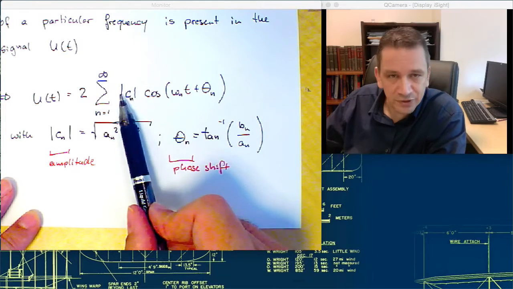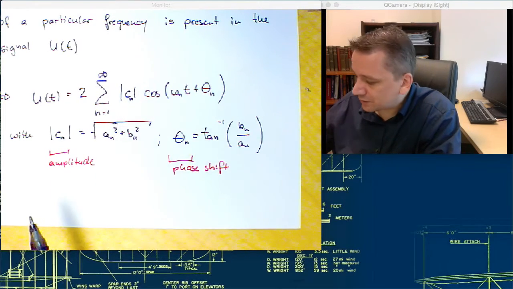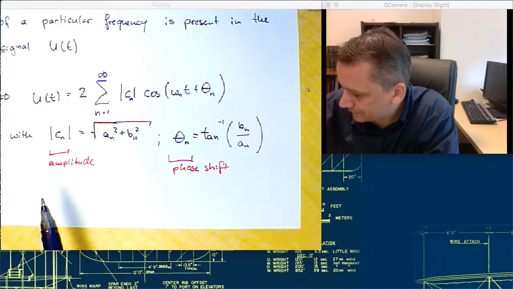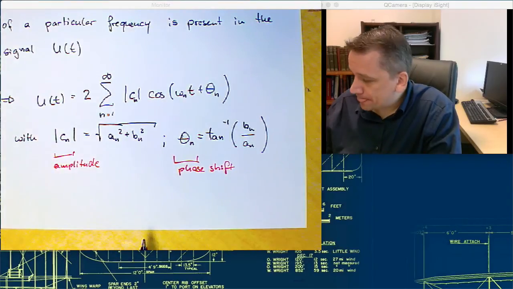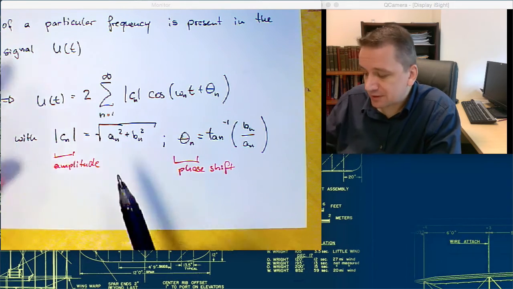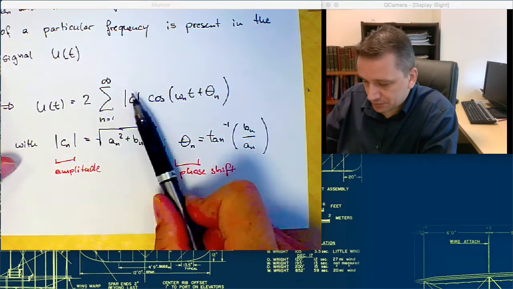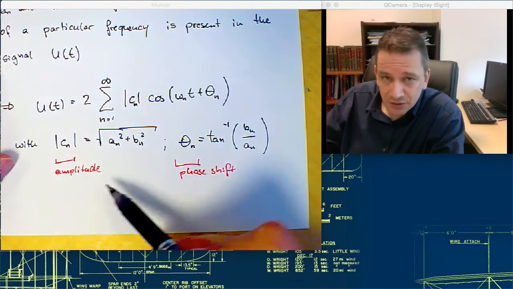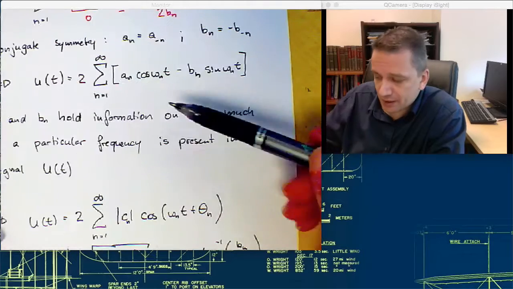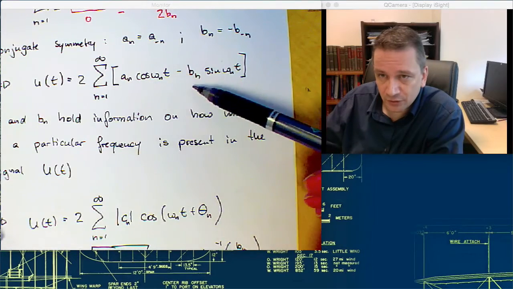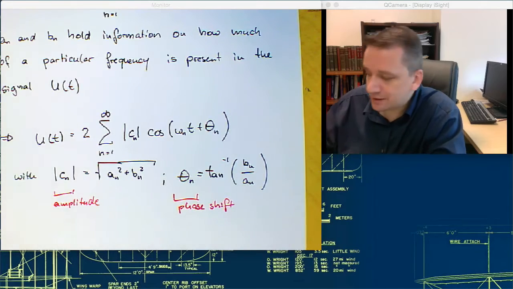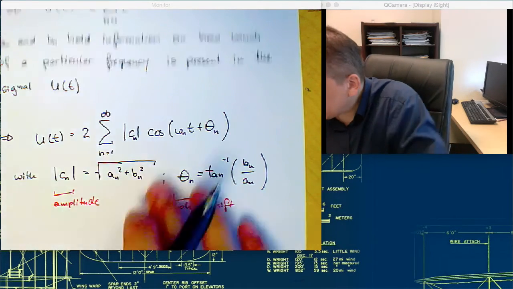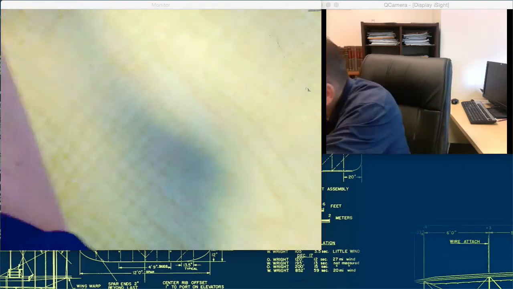In particular, the amplitude is something that is quite important to understand. All right. Now we need to determine these coefficients. So these are very useful to analyze the flow, to determine the coefficients an and bn or Cn and theta n. But how do we get them? Okay, so how do we get them? The following way.